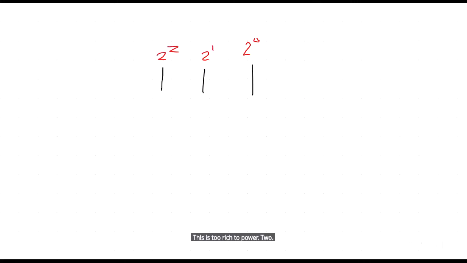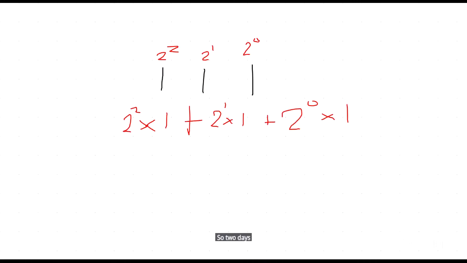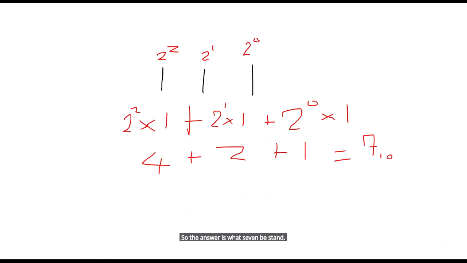So this will be 2 raised to power 2 times 1, plus 2 raised to power 1 times 1, plus 2 raised to power 0 times 1. 2 raised to power 2 is 4, 4 times 1 is 4. Plus 2 raised to power 1 is 2, 2 times 1 is 2. Plus 2 raised to power 0 is 1, 1 times 1 is 1. So the answer is what? 7. So this is clear. All right, thank you.